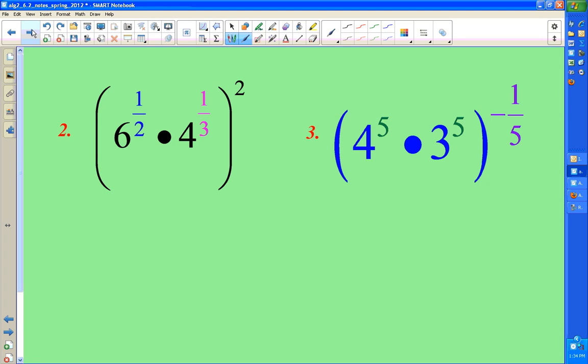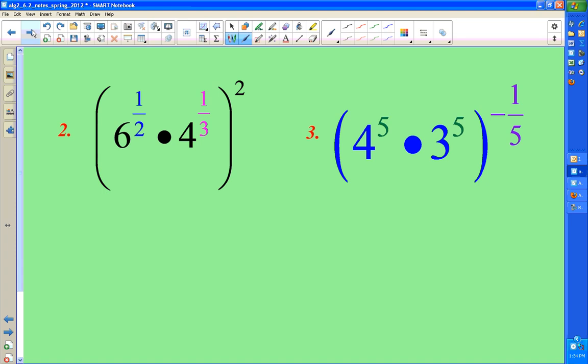Why can't you do that? Why can't you multiply the 6 times the 4? Why can't you multiply 6 times 4 in this situation? You gotta get rid of the exponents.